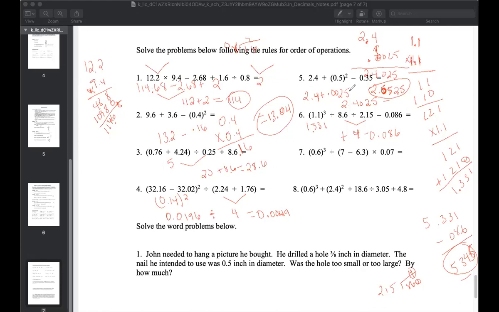You can't add 0.0025, which is less than a penny, to $2.40, right? Which is what you were trying to do. If I have $2.40 and I say, oh, I'll give you 0.0025, it's like I'm giving you nothing, right? But you made it seem like I was giving you a whole other $2.50. That's not how that works, right? So you have to keep those things very separate, okay?